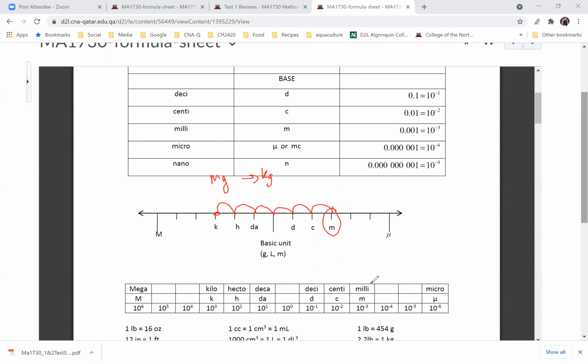If we were going from milli to kilo, the difference in decimal places is 10 to the minus 6. So again, 1, 2, 3, 4, 5, 6. I would use the number line for most of this.